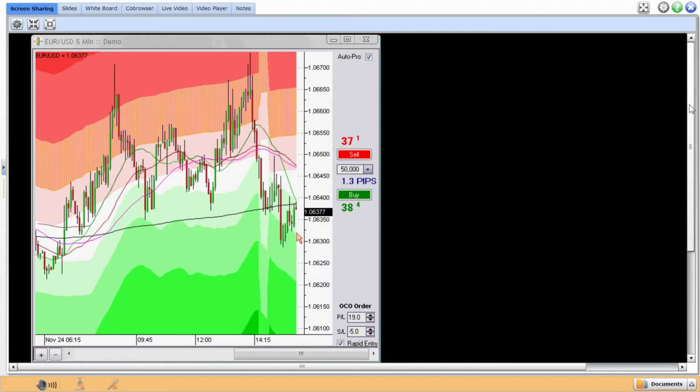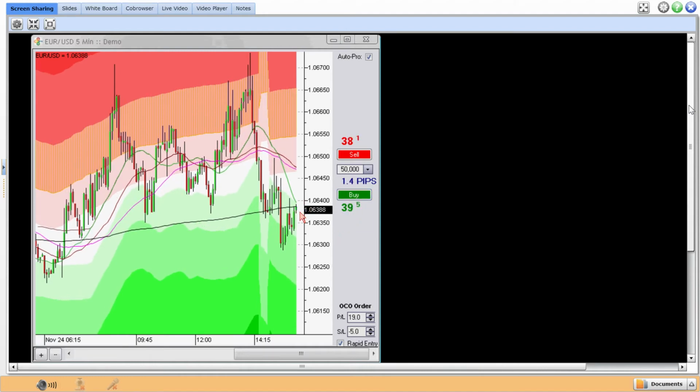Most of the time I try to get the actual fill at the level, and that'll depend entirely on price action. If we're moving really aggressively towards the level, I'll be patient. I'll wait for the exact quote before I click into the trade. And if we're just barely getting down to our level and we tap it, then I'll go ahead and get in, even though my fill is a pip or two above the actual level.